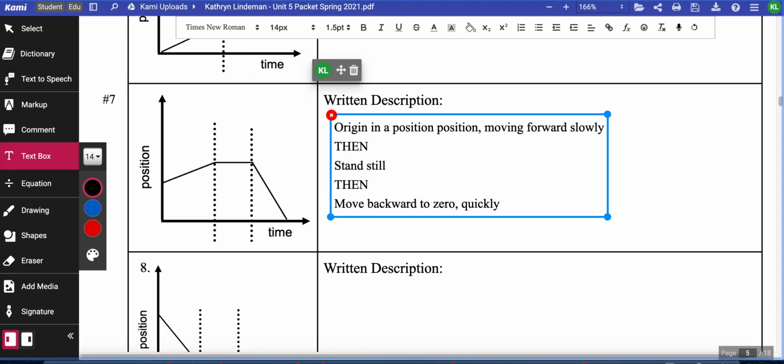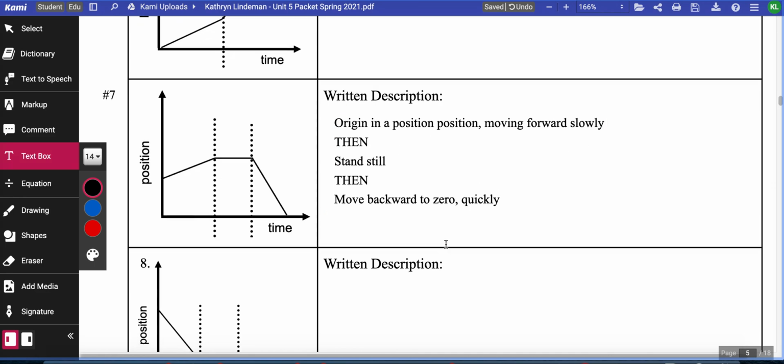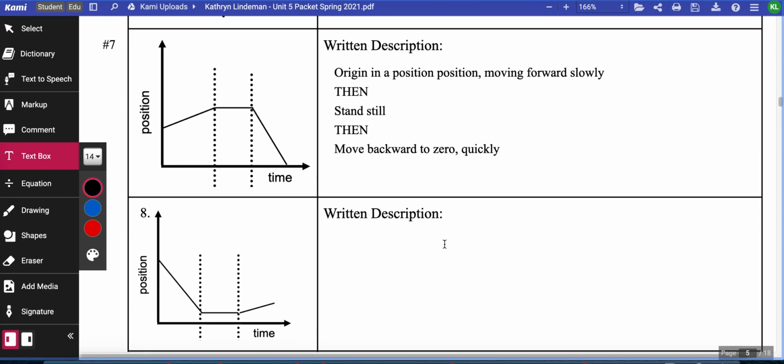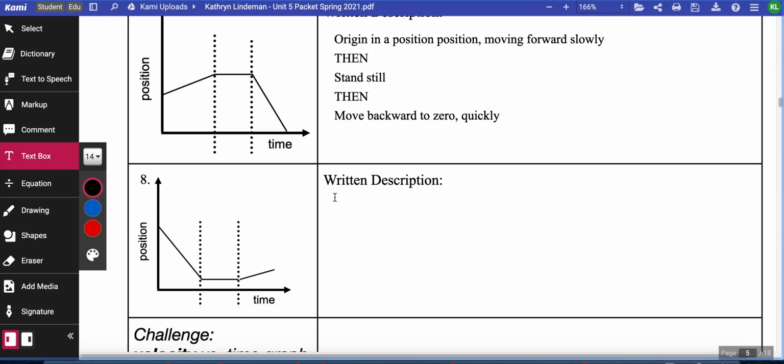Okay. As you're writing these, you really want to make sure that you are differentiating between the different movements. That's why I'm writing in all caps, then hitting enter and making a new line. I'm trying to be as clear as possible that there are 3 different movements here. Oh, this one's actually numbered.